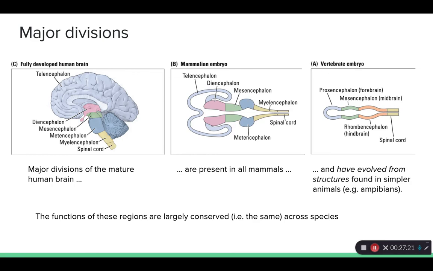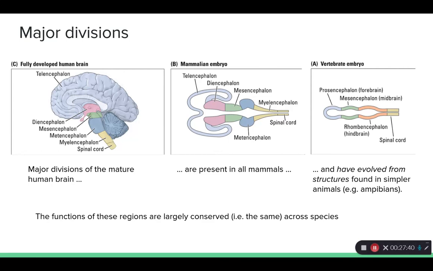So when you're trying to memorize these, hopefully that little mnemonic helps you. It's a pain in the butt, but it's just one of these things about how the brain is structured that we have to remember. Now, where do these divisions come from? They come from the fact that all mammals and most vertebrates have the same basic parts.